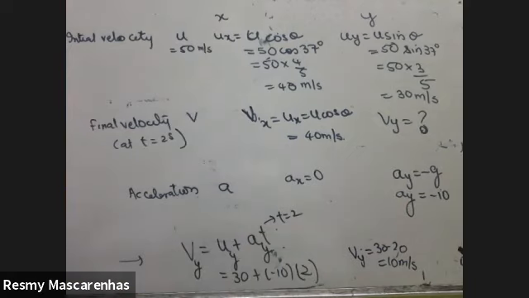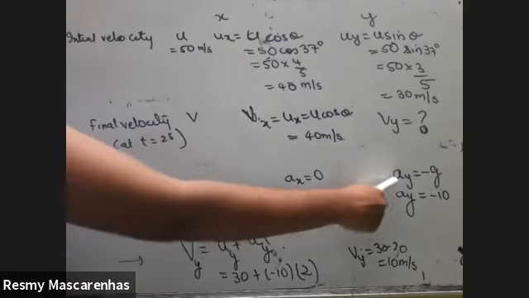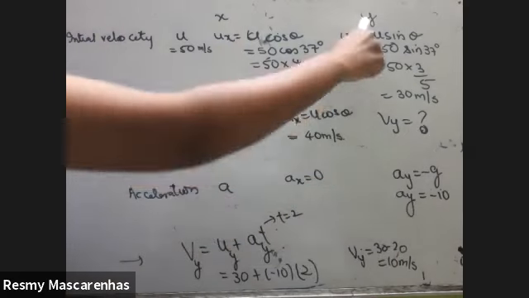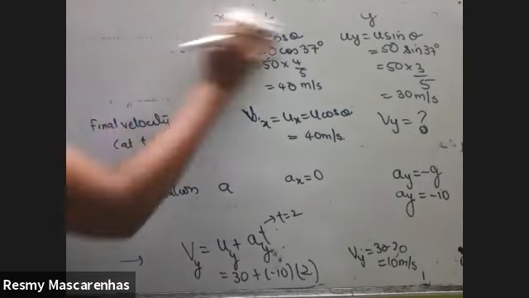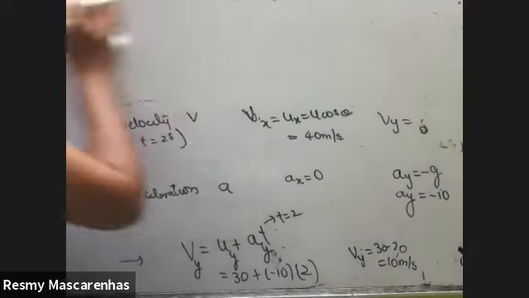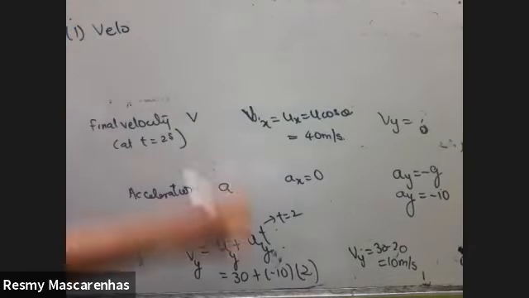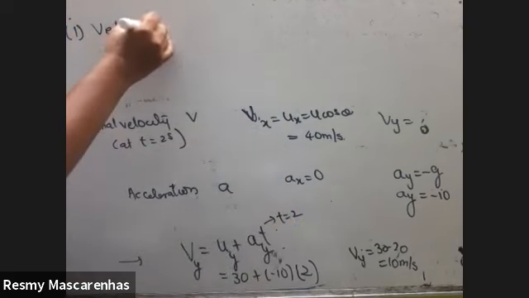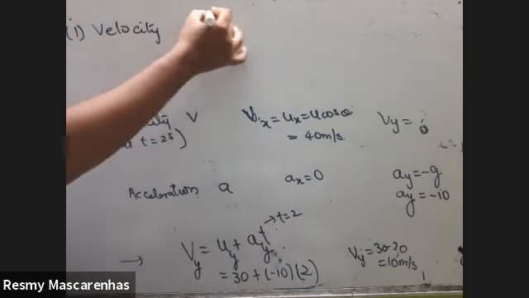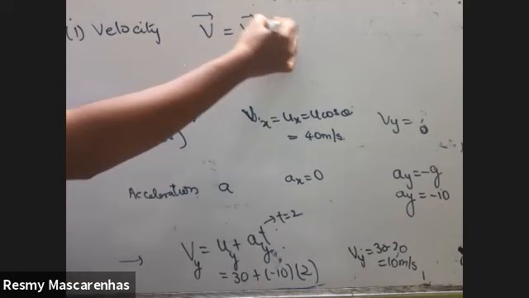Now velocity we always have to write in terms of vector. We have your Vx component, and Vy we got as 10. So all our table is complete. Velocity was asked in the first question, so velocity after 2 seconds we have calculated. Velocity is nothing but Vx plus Vy.